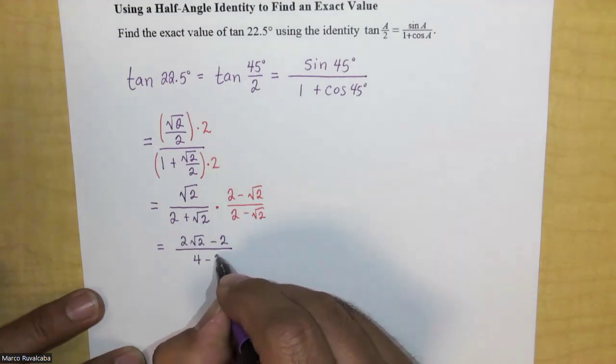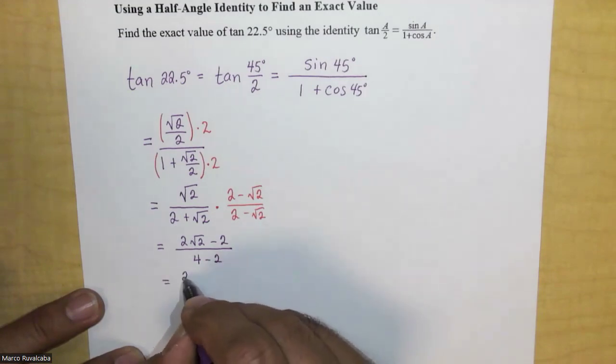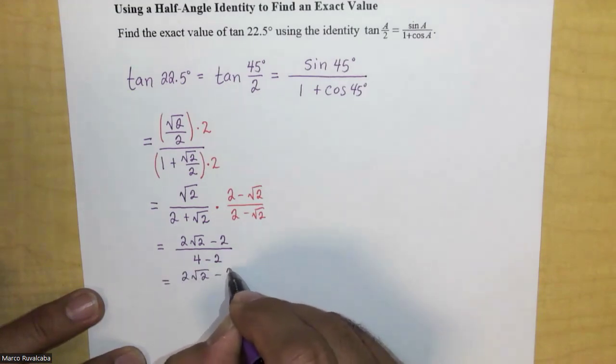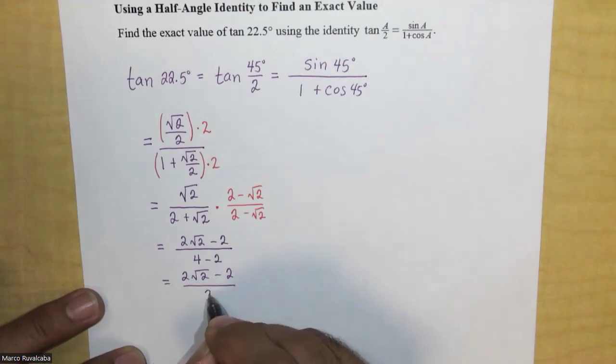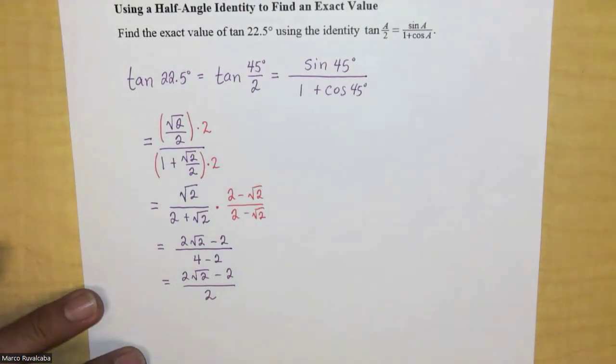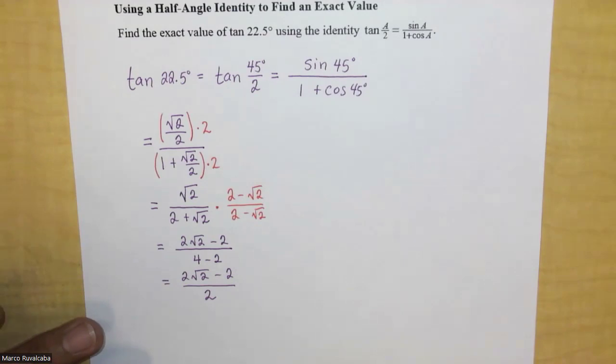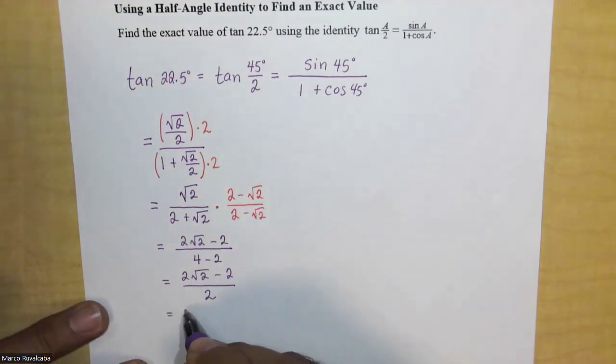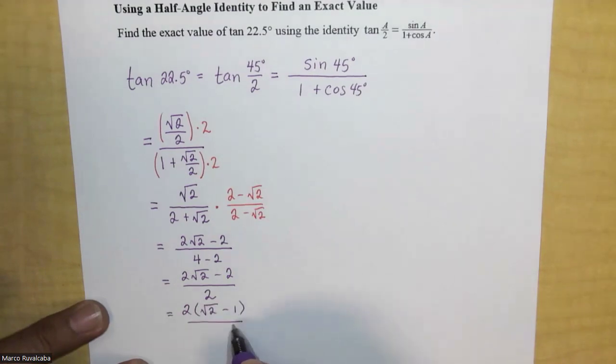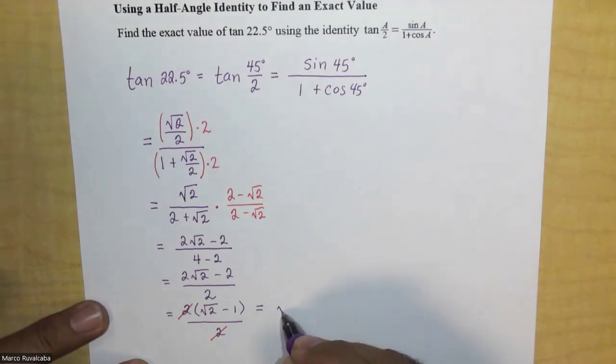That'll give you 4 minus 2, which is 2 square root of 2 minus 2 divided by 2. And we just have one last step to do here because we got to reduce everything by 2. So factor out a 2 on top. And then you're allowed to now cancel those 2's. And so that'll give you your answer for this problem.